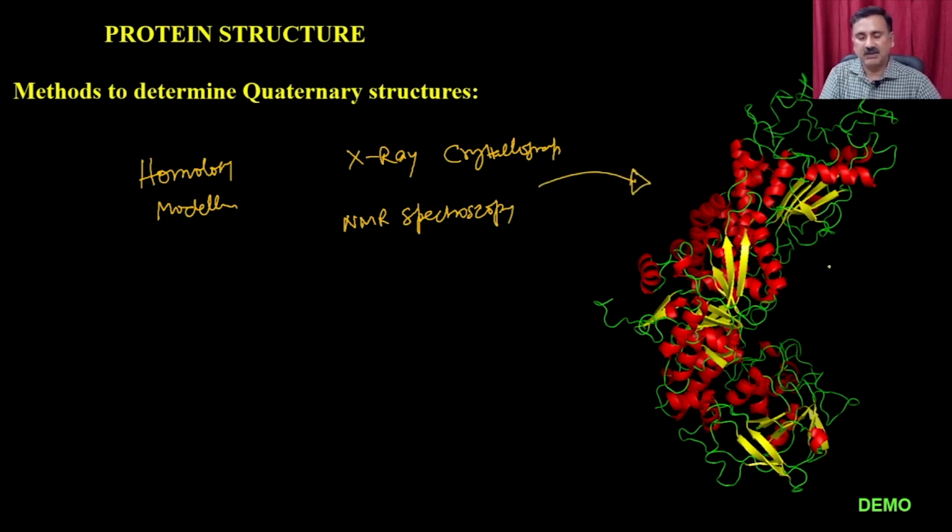This is the typical 3D structure of a protein where you see the helices, the beta sheets arranged together, and the unstructured loops.